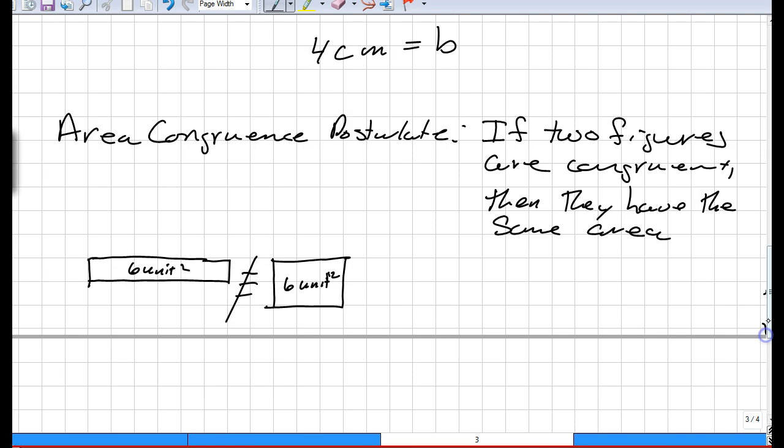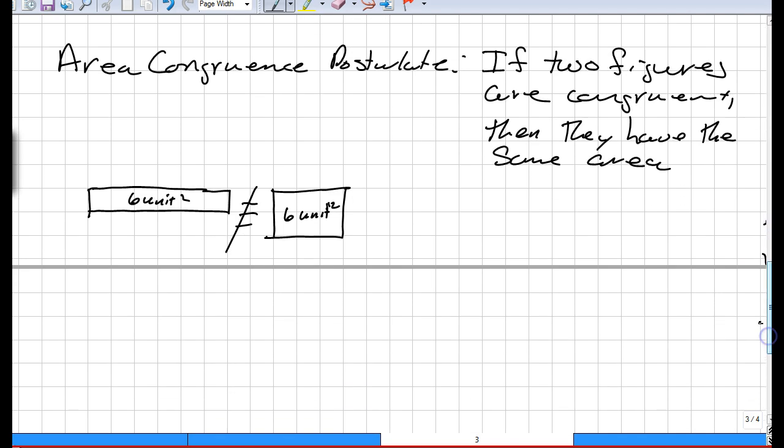And then the next postulate is called the area addition postulate.